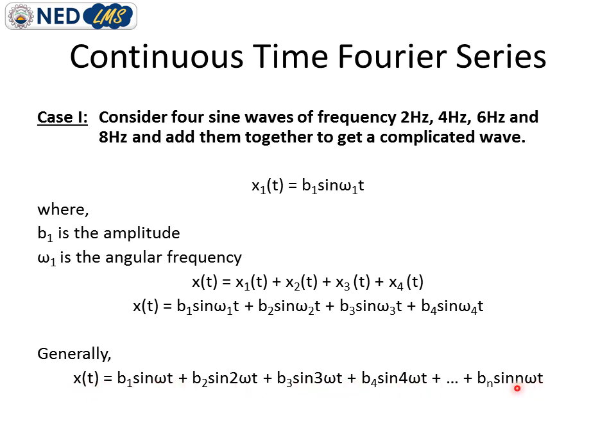We have n number of sinusoids present in this complicated waveform, and we are adding up all these sine wave components to get our final output. Here you can see that all these have different amplitudes denoted as B1, B2, B3 and so on till Bn.